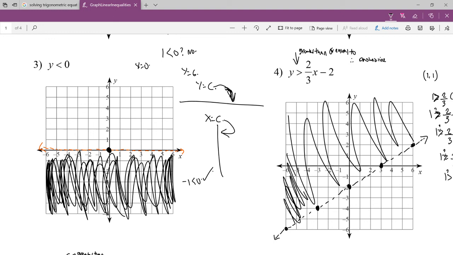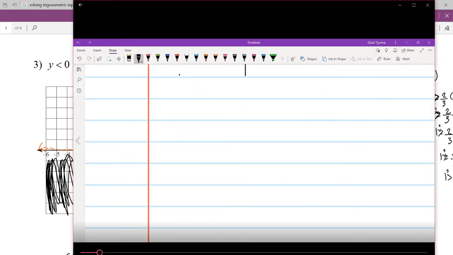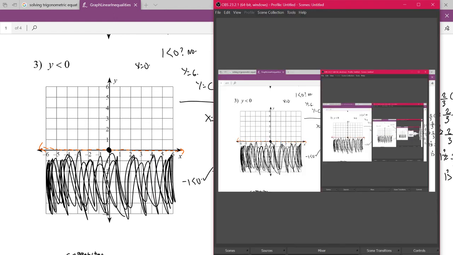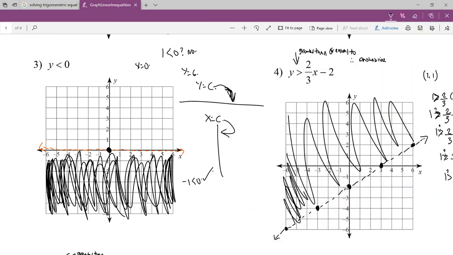So I hope that helped a little bit, and in the next video we're going to be learning, I believe, systems of equations, because I believe that's the next part of algebra.